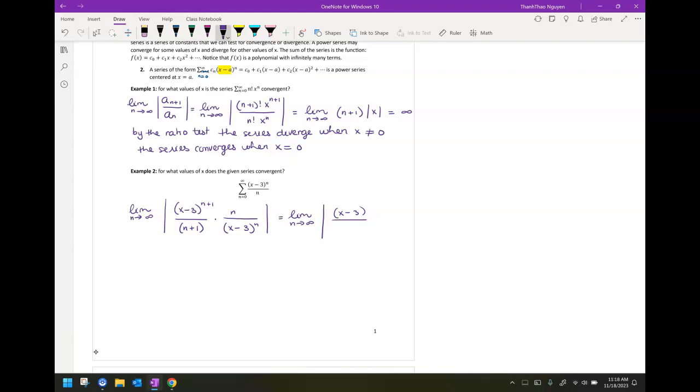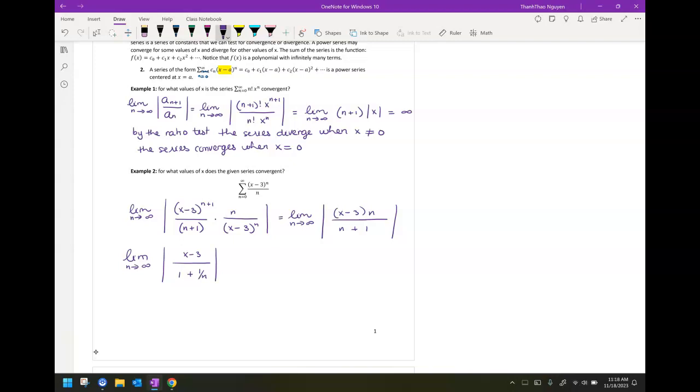We can't simplify that further, but we can take the limit by multiplying the numerator and the denominator by 1 over n. So then here we have x minus 3 divided by 1 plus 1 over n.